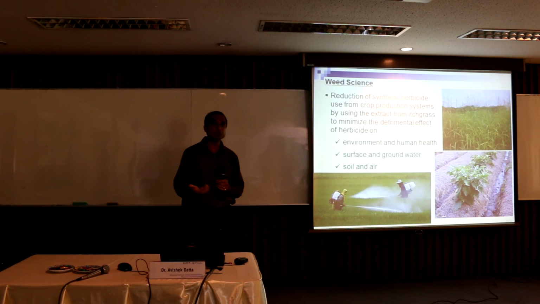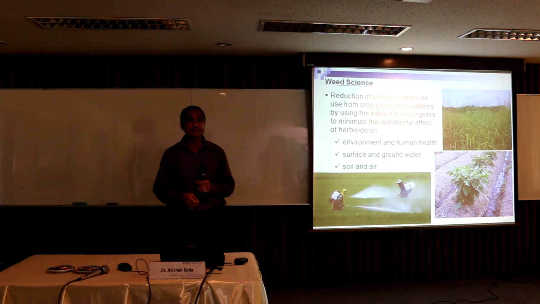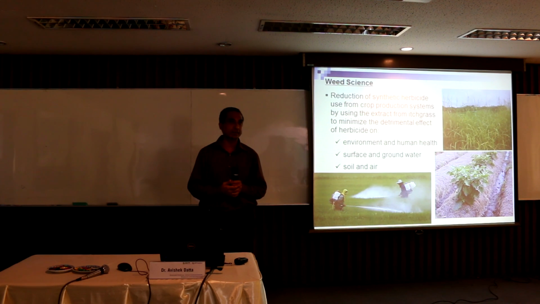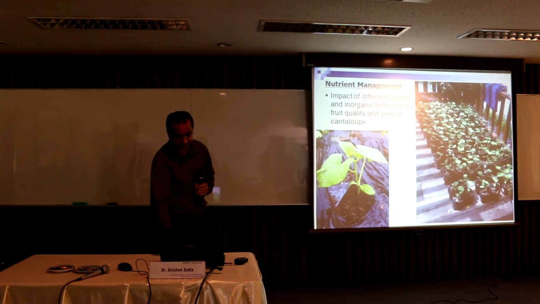So our mindset is that we have to go towards organic. We will use some product which will not impact the environment, but at the same time will also control the insect or disease or weed equally. But there is a big challenge, so we are trying.